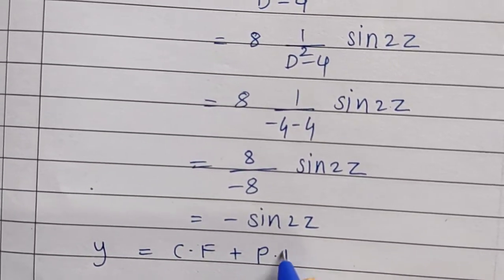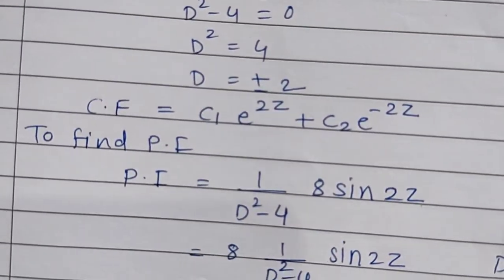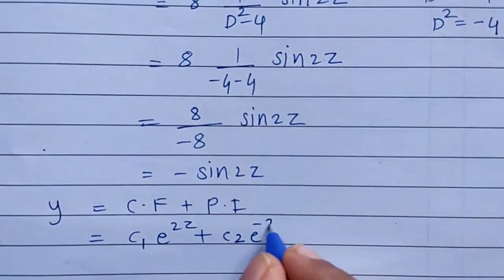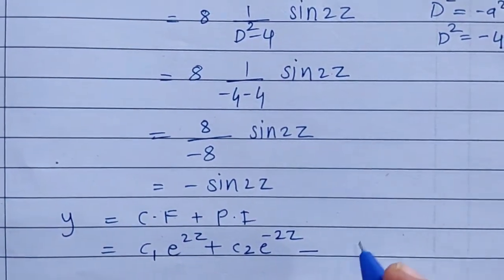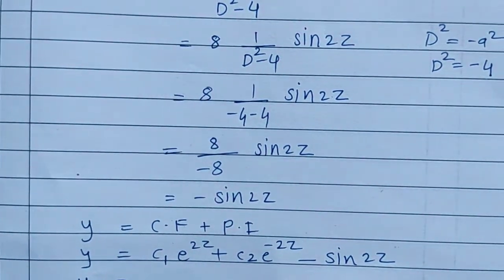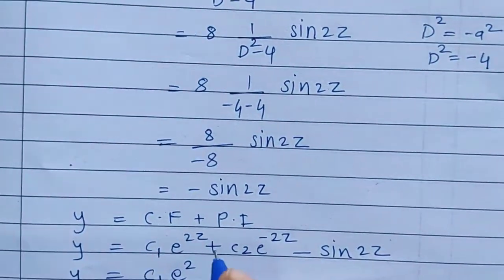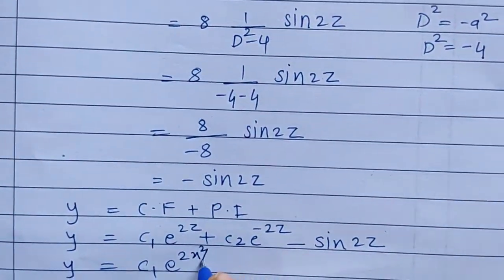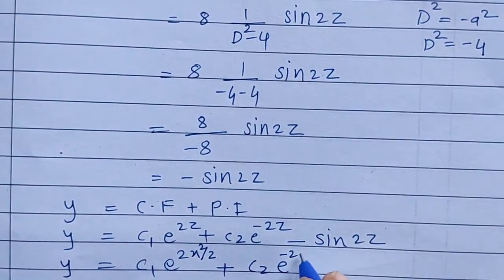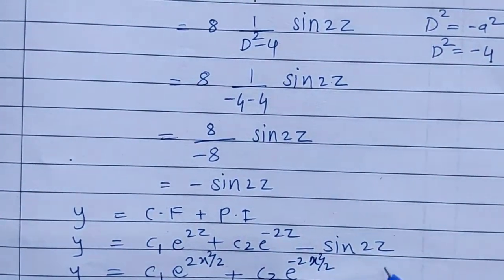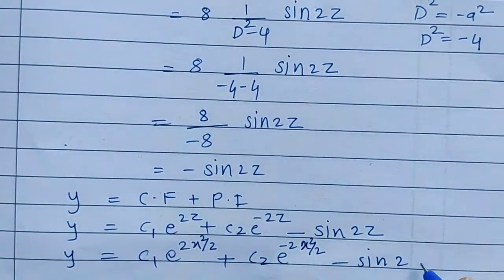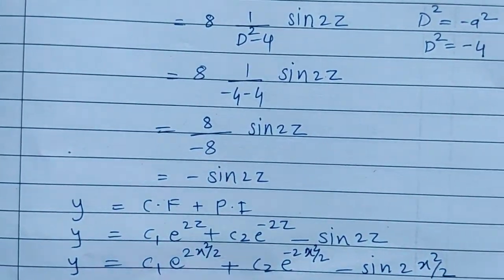Final complete solution of this linear differential equation, we can write y is equal to CF plus PI. What is CF? C1 e raised to 2z plus C2 e raised to minus 2z, and PI is minus sine 2z. So y is equal to C1 e raised to 2 into x square by 2 plus C2 e raised to minus 2 into x square by 2 minus sine 2 into x square by 2.